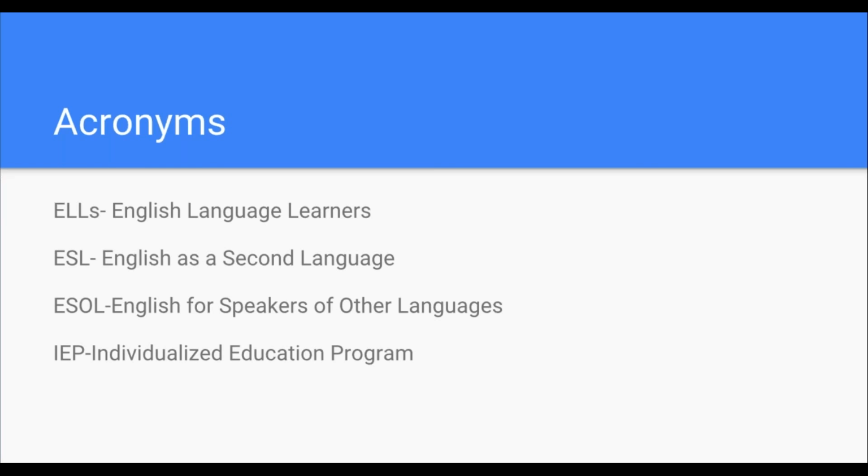And the second most popular is ESL, English as a second language. So those are the two that you'll most likely hear. They're also referred to as ESOL, English for speakers of other languages. So even though they say English as a second language, we'd obviously recognize that they might very well speak multiple languages, not just two. And then again, at the end, we're going to speak about IEPs, which stands for Individualized Education Program.